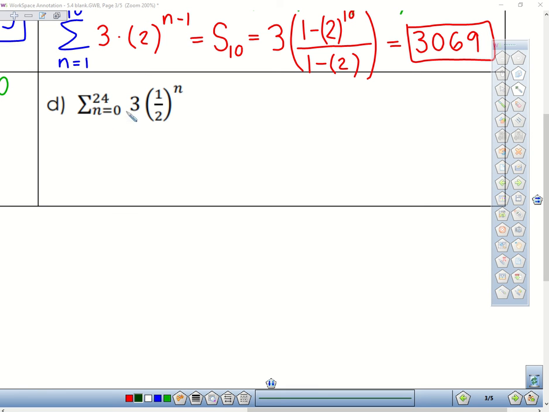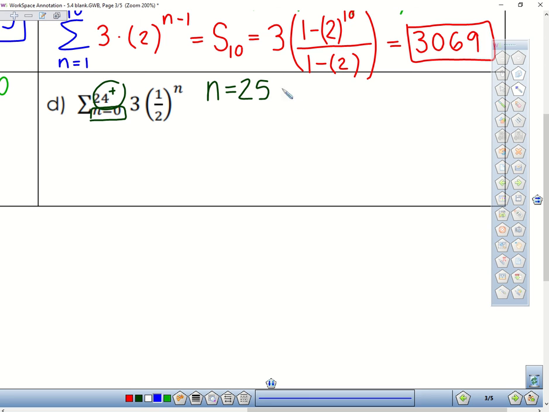So if you're starting at n equals 0 instead of n equals 1, that's actually going to be 25 terms, because 1 through 24 plus 0, another term, 1 more term is 25. So your n here is actually not 24, but it's actually 25. So if you ever start at 0 instead of 1, make sure you add 1 back to your term on the top there. Okay, very important.